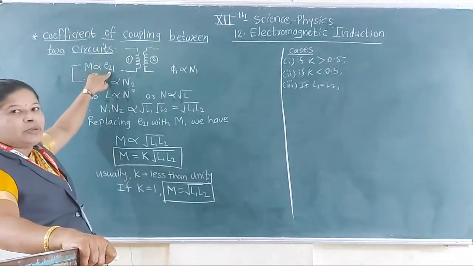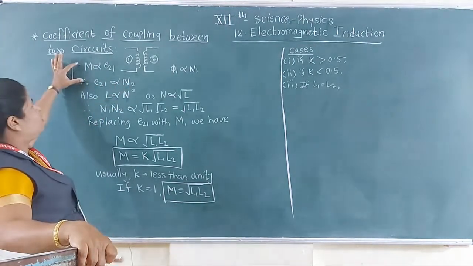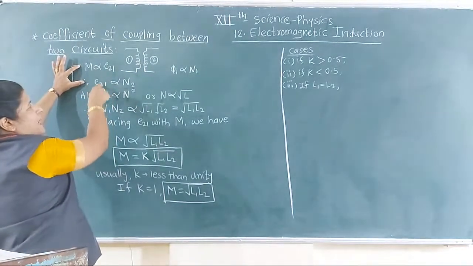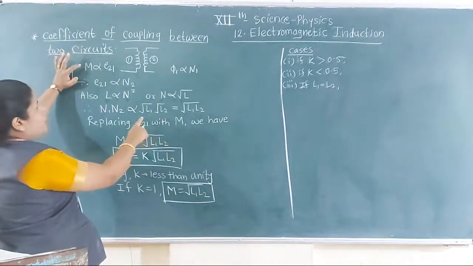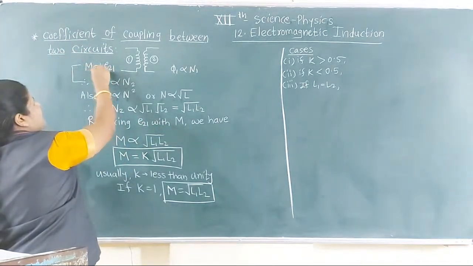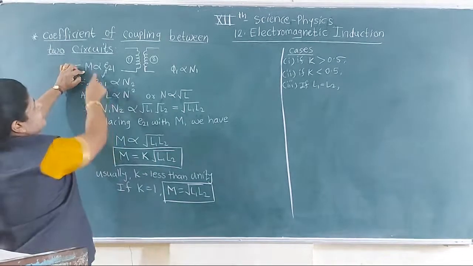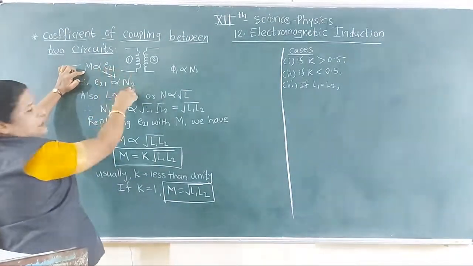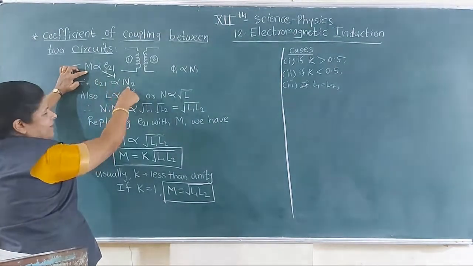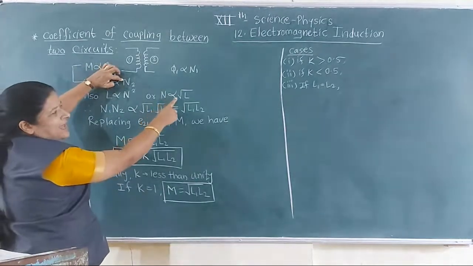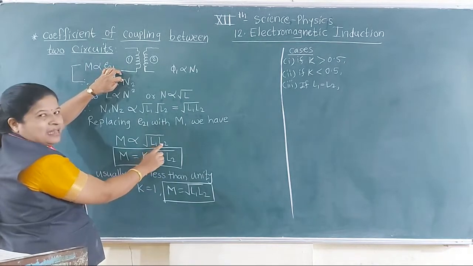Observe these two steps. M is directly proportional to E2 1, and E2 1 is directly proportional to N. By observing these two equations, we can replace E2 1 with M. We get the equation that M, the coefficient of mutual inductance, is directly proportional to N, and we know that N is equal to square root of L. There are two coils, therefore we write here L1 L2.